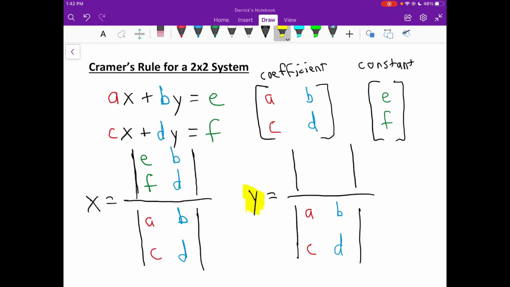We are solving for y, so this time we should be replacing B and D, as those were the y coefficients. So instead of B and D, we have E and F, and then we still rewrite the A and the C. This is how you set up a system to solve with Cramer's rule.